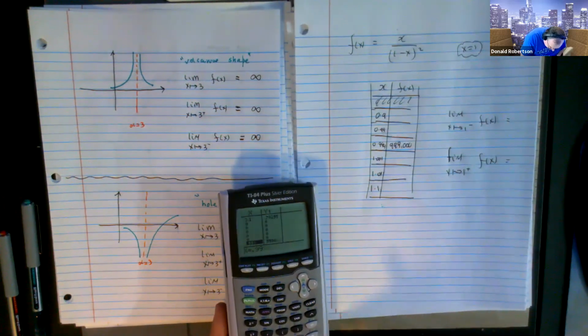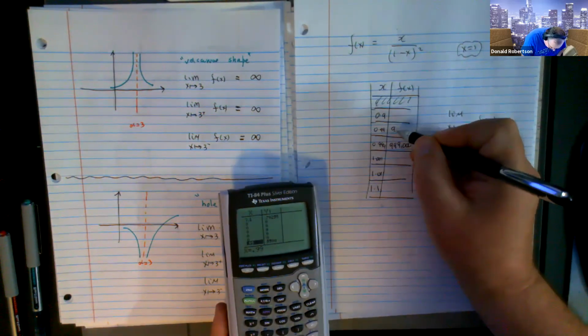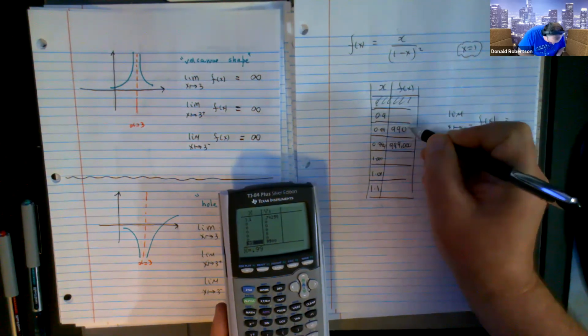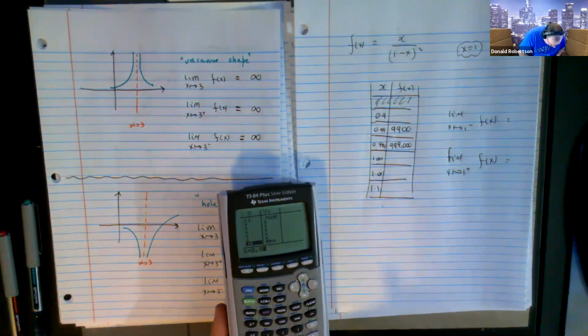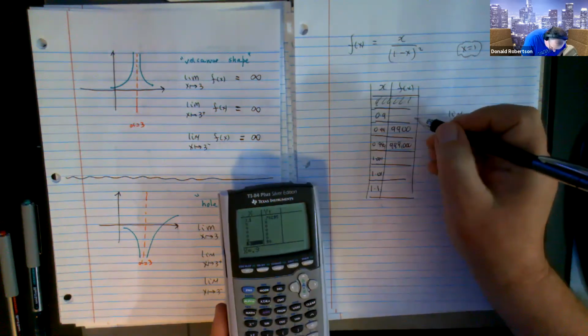My table's just been a pain in the butt. It's 9,990, and 0.9 was 90.